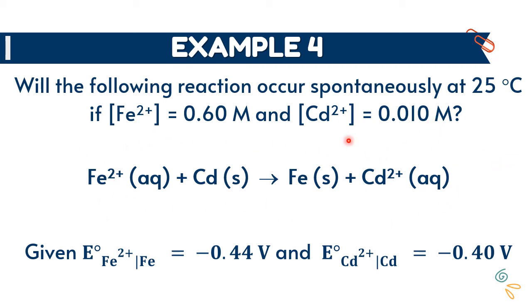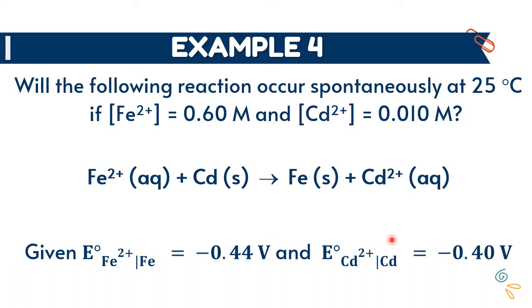So if the equation is given here, you will need to determine the anode and cathode from the balanced equation. Even though the question gives you over here the value of the E0 half cell for iron 2 plus and cadmium 2 plus, you will not use these two values to determine the anode and cathode.